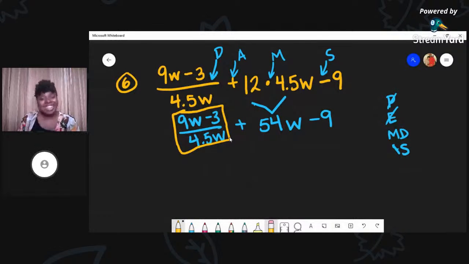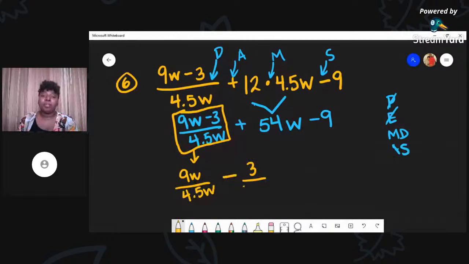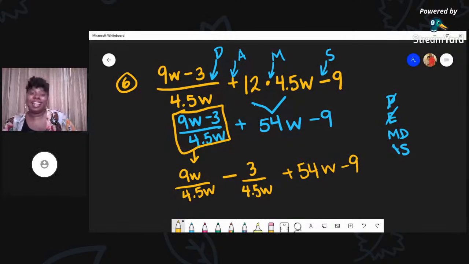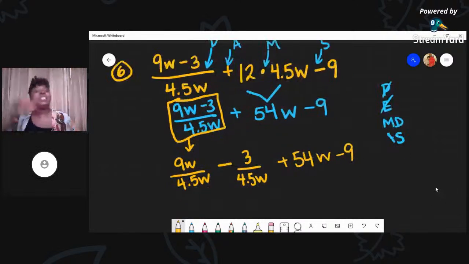So we can break it down like this. Watch. 9W over 4.5W minus 3 over 4.5W. Now we can just bring down the rest, but we're not worried about the rest yet. We're just focusing on this ugly part first.